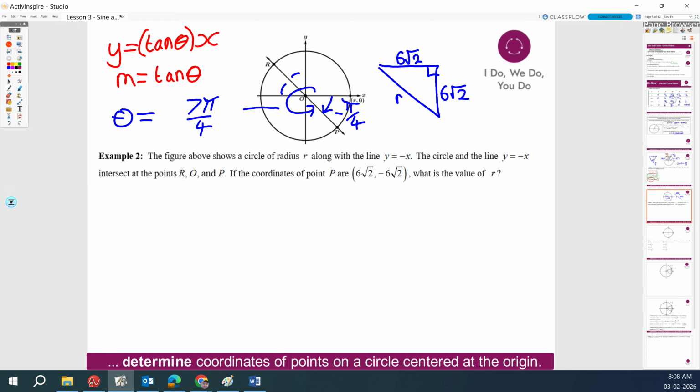So, in this case, when tan theta is equal to minus 1, it tells us that theta is equal to 3 pi over 4 plus n pi, which implies theta is equal to 7 pi over 4.